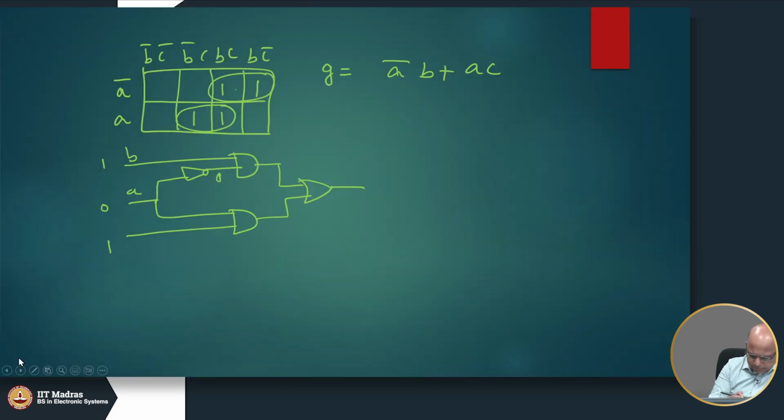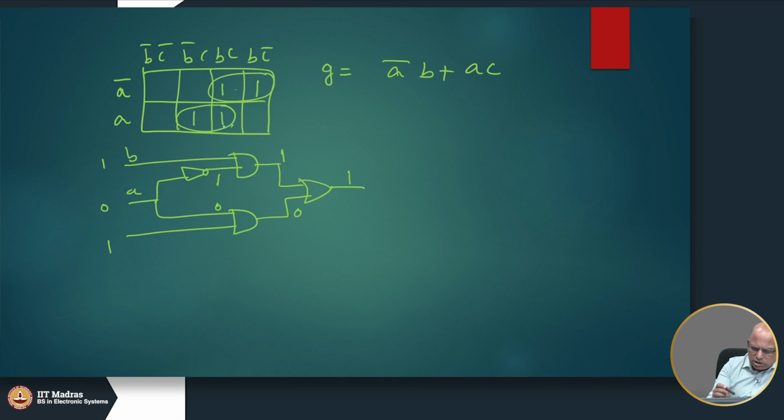Okay. So, this is a 1 and I get a 1 here, and this 0 is here, and I get a 0 here, and I get a 1. Okay. So, I got a 1.